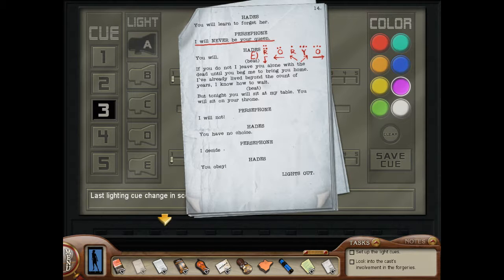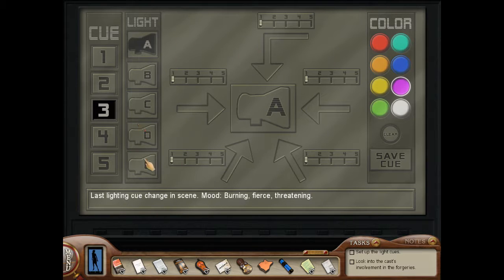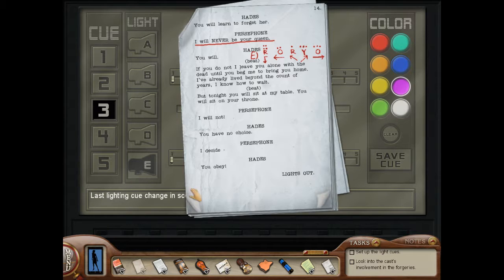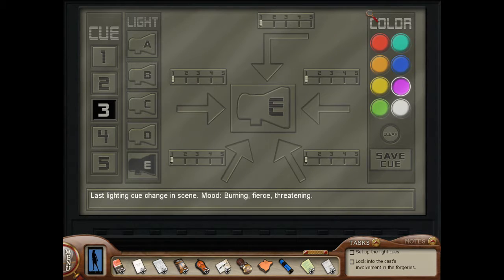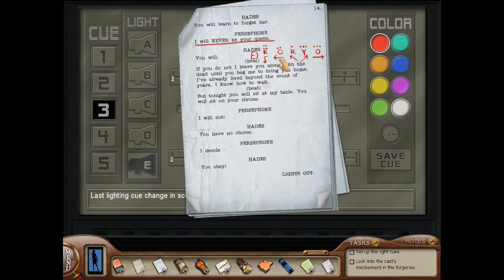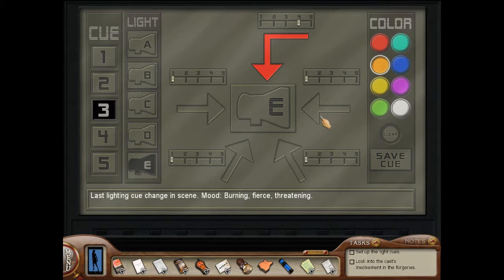It's light E. And there are a shit ton of them, so let's just start on E. Red is going to be left and down 4. Okay, red is left and down 4. Orange left and orange right. 2 left, 3 right.